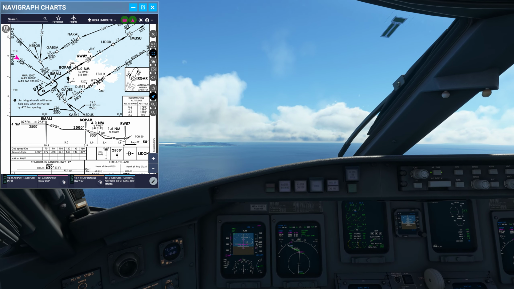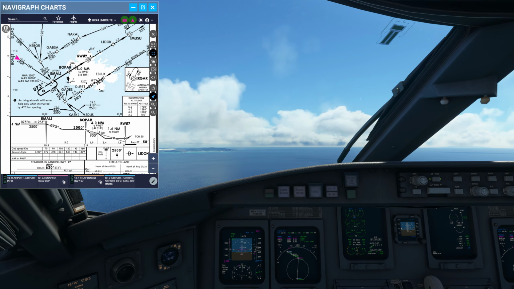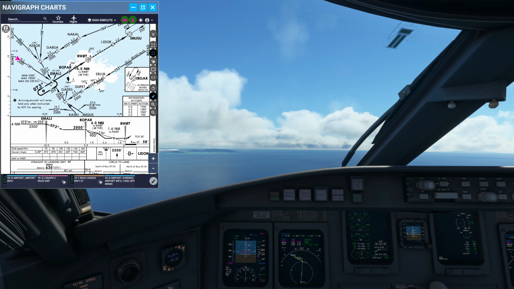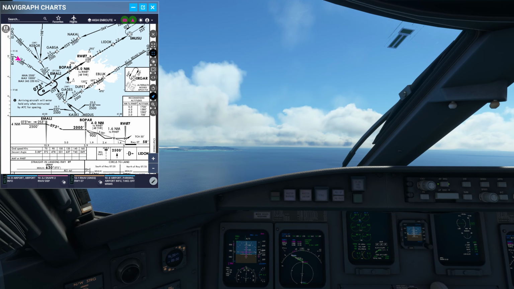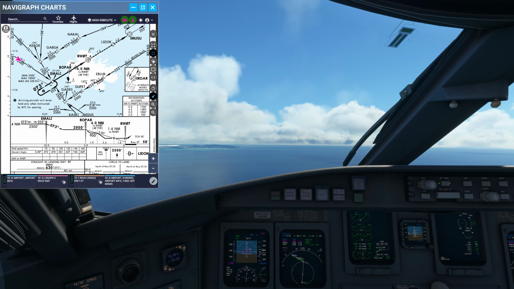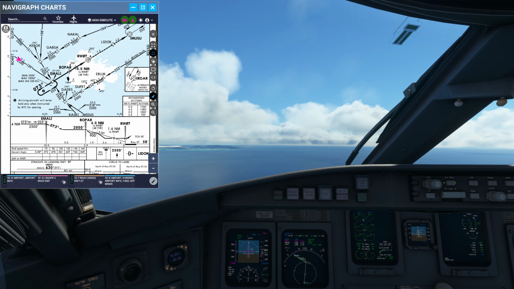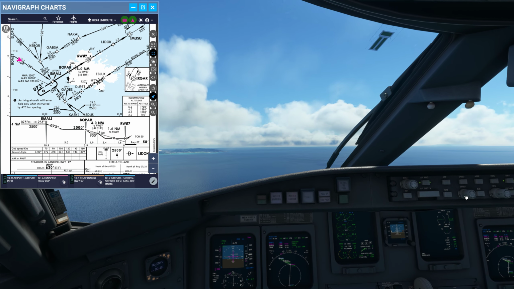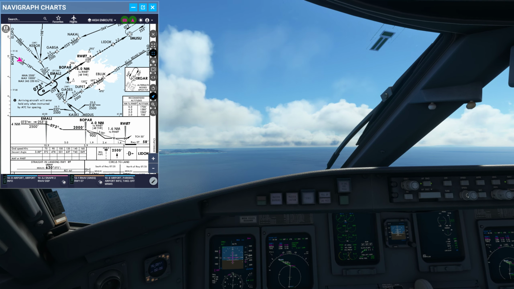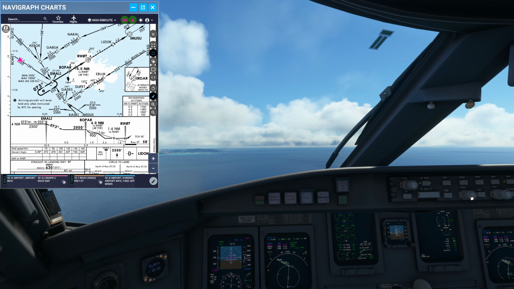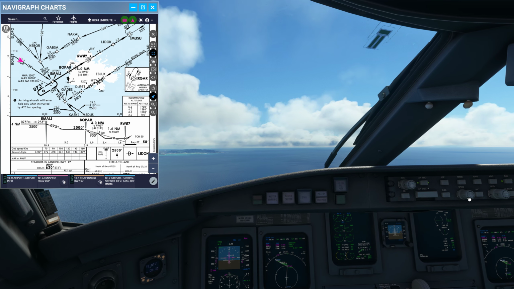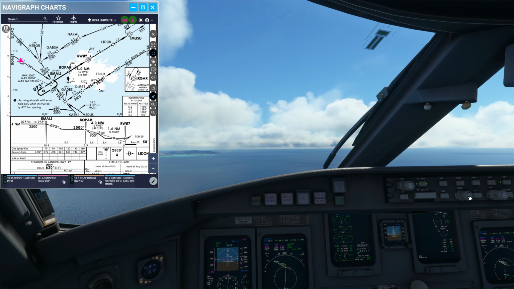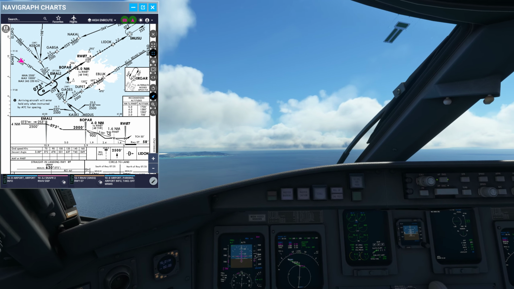So, 180 is fine on the speed right now. I just need to bring in some power because I don't want to get too much below 180 anyway. Alright. Next speed I'm going to want after this is 160. Alright, so here we come.